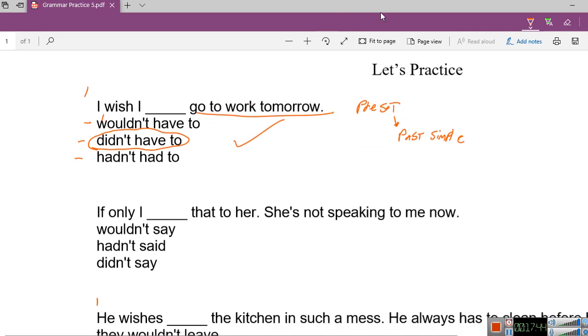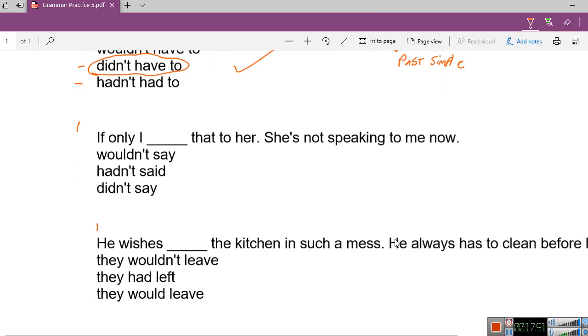Okay, let's look at this one. If only I hadn't said that to her. She's not speaking to me right now. Let's find a clue. We're talking about the present.